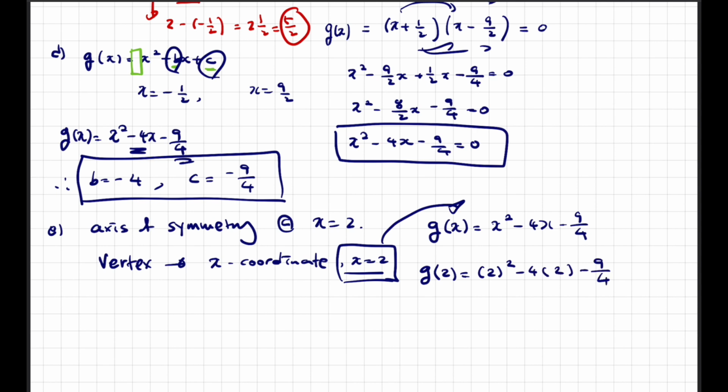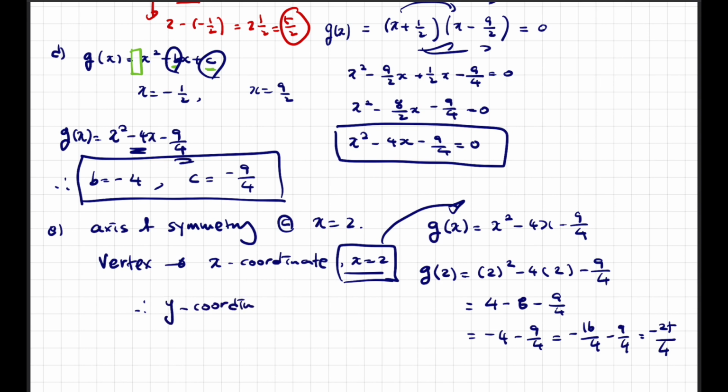Then we get 4 minus 8 minus 9 over 4. Then we end up with negative 4 minus 9 over 4, which is the same as negative 16 over 4 minus 9 over 4. So we get negative 25 over 4. So the y coordinate of the vertex is negative 25 over 4.